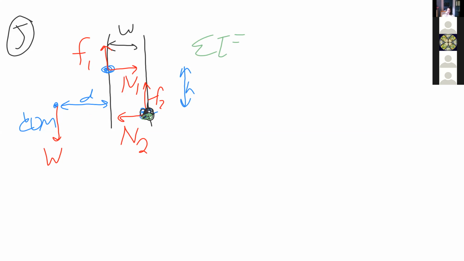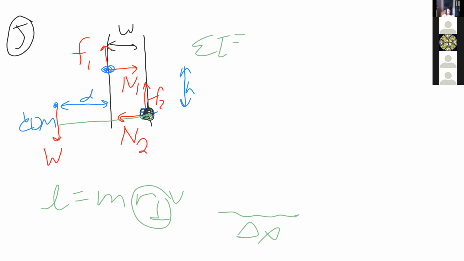The other thing, this is something that I did last week when I was doing angular momentum, where I just took the radial component that was perpendicular to the force. In that case, that would be this radial component here. If you remember last week, we had the angular momentum is equal to m r perpendicular times v, and we let r just be the distance along the ground. That was some delta x.